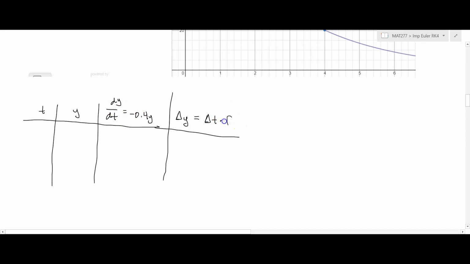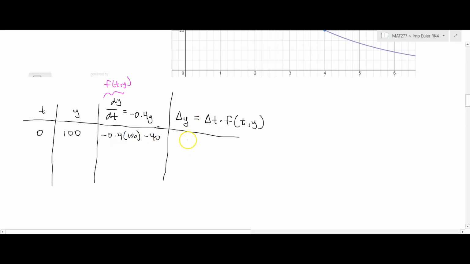And I'm going to write dy dt as f of t comma y. So this guy here, another name for him is f of t comma y, and that's just convenient because we can see what values get plugged in. So here we have 0 and 100 for our starting value. And if you take negative 0.4 of 100, you get negative 40.